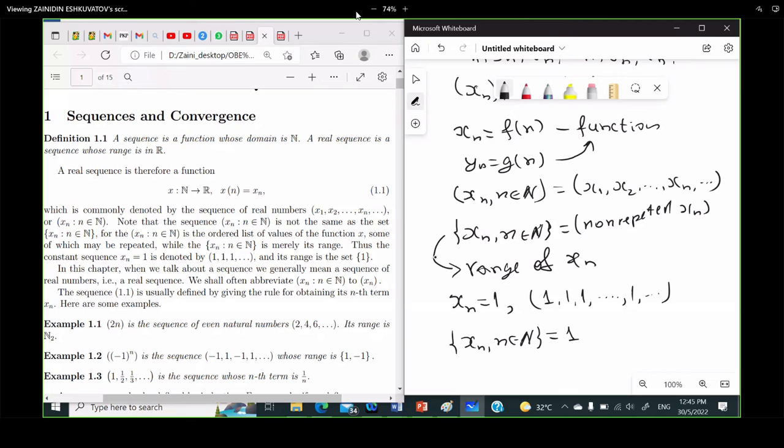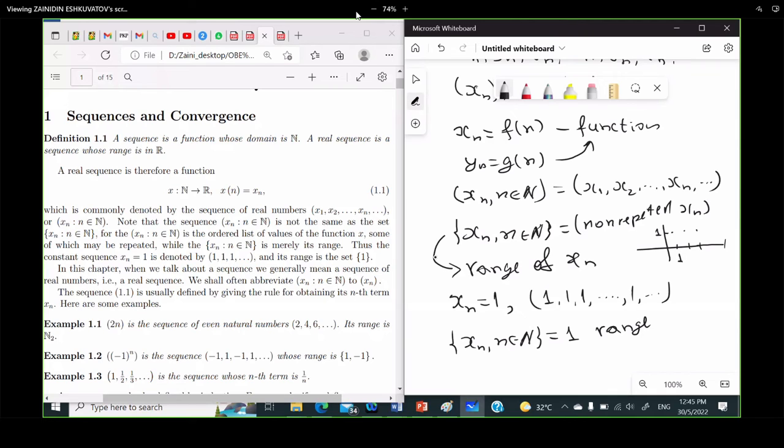If you draw the graph of this function, for n equal to 1, 2, 3, whatever value, you will have only one value, 1. So the range has only one value.